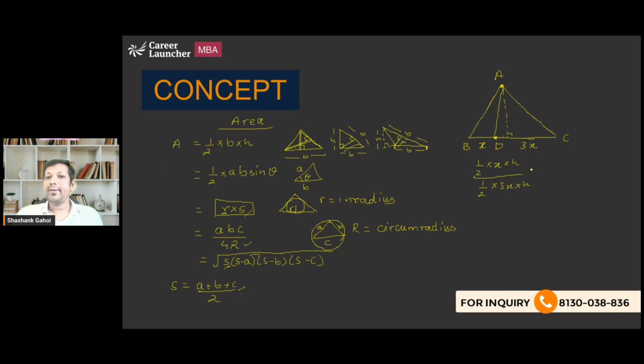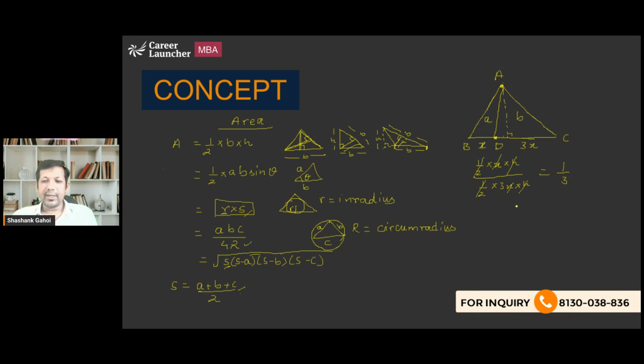So basically, if you are drawing a line from a vertex to the base, and if the base is being divided in the ratio of a is to b, the ratio of areas will also be a is to b only, because half cancels out, x cancels out, h cancels out, so the ratio of area is also 1 is to 3. So from the vertex to the base, if there is a line that divides the base in the ratio of a is to b, the ratio of area will also be equal to a is to b. This is a generic statement.